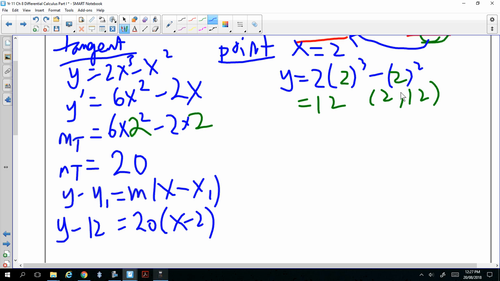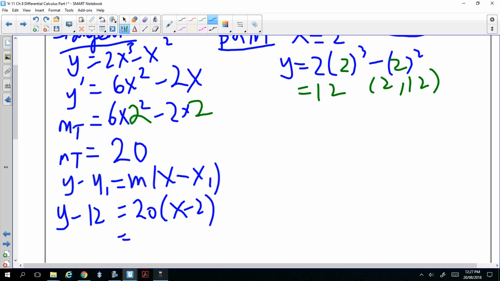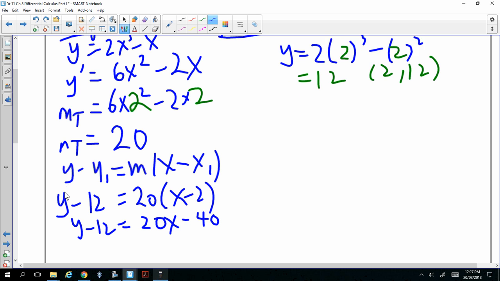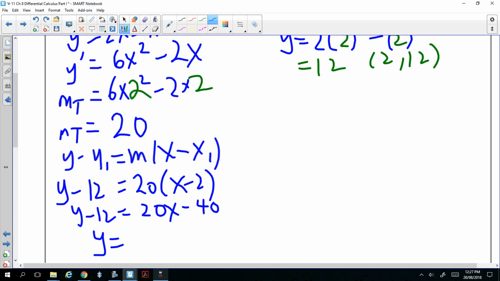And then we expand: 20x minus 40. And there you go, y equal 20x minus 28. Okay, that's the tangent.